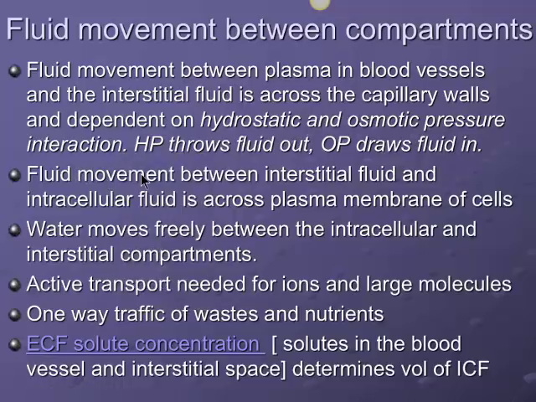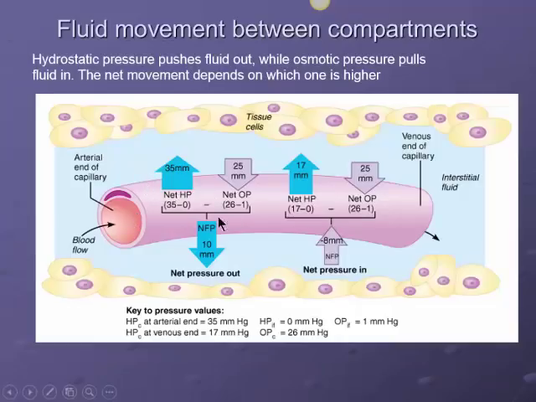Because this is what we did here. So between the plasma here and the interstitial fluid here, the movement will be across the capillary walls, and it will depend on hydrostatic pressure and osmotic pressure. Whichever one is greater, the fluid will move according to that. And we know that hydrostatic pressure tends to push fluid out, osmotic pressure tends to bring fluid in.